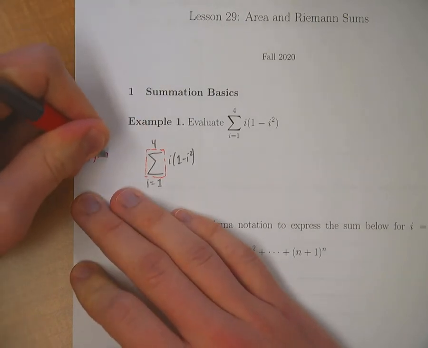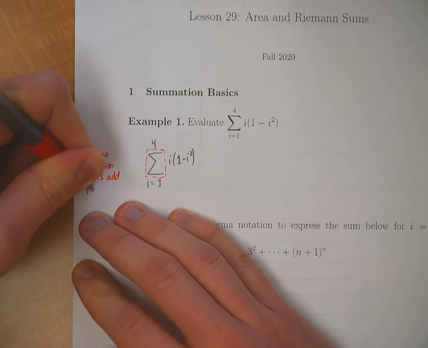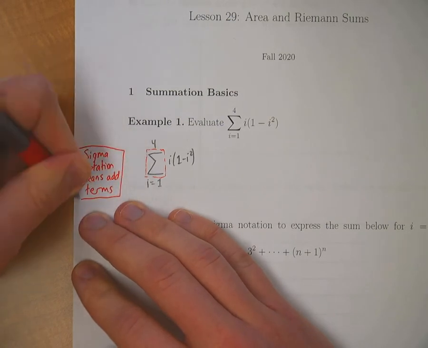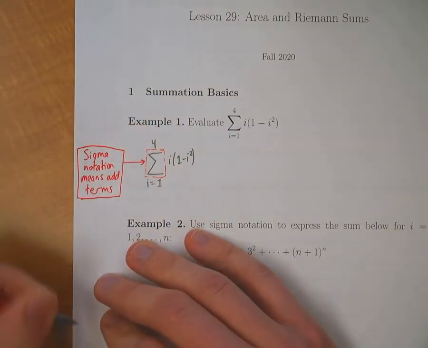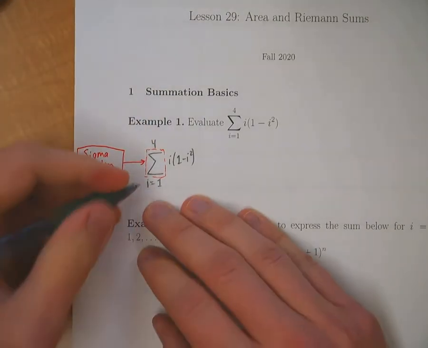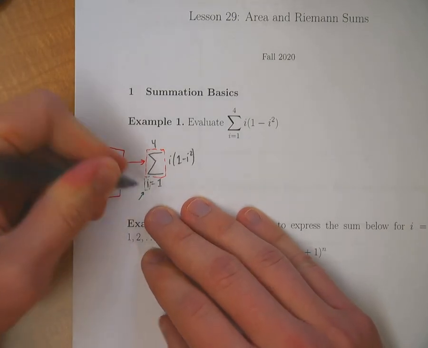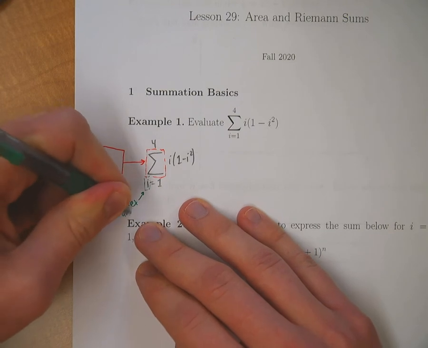So sigma notation means add terms. That's all that means. And if you see this i here, all that indicates is that that's what's known as an indexing variable.